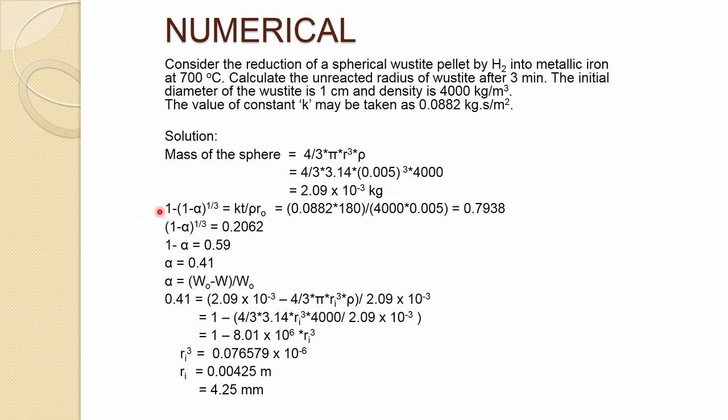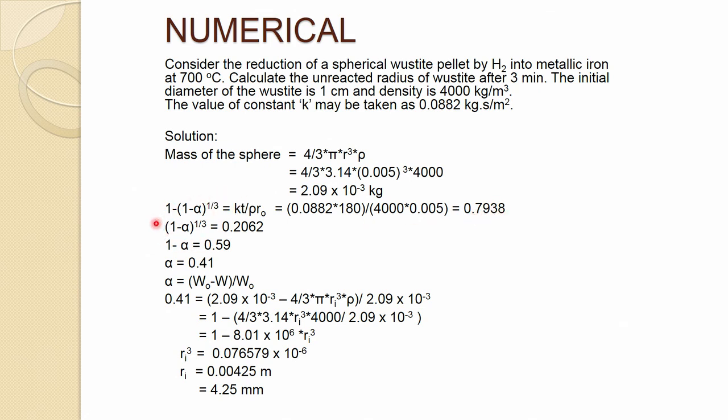Now, we know from the reaction kinetics, considering it is phase boundary control, 1 minus alpha is equal to K T by rho r naught. Everything is known here: K is given, time is given as 3 minutes, rho is given, r naught is given. So, we substitute the values, K T with time converted into seconds, 3 into 60, 180 seconds, divided by the density and the radius of the particle, that gives you 1.7938.